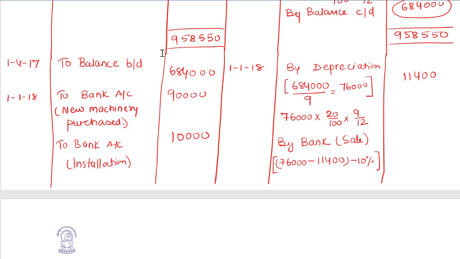Do it on your calculators. 76,000 minus 11,400 is 64,600. 64,600 minus 10% is 58,140.